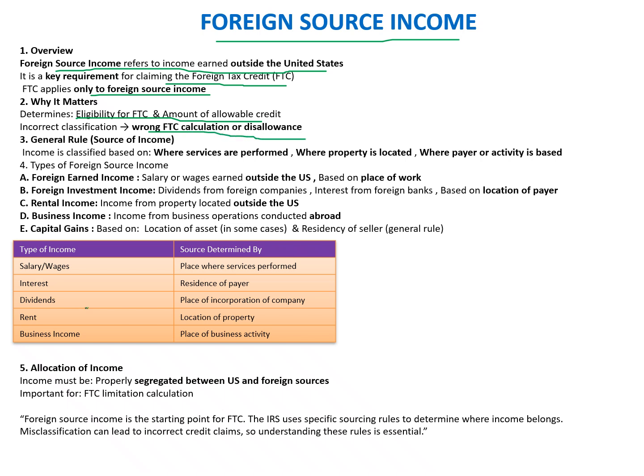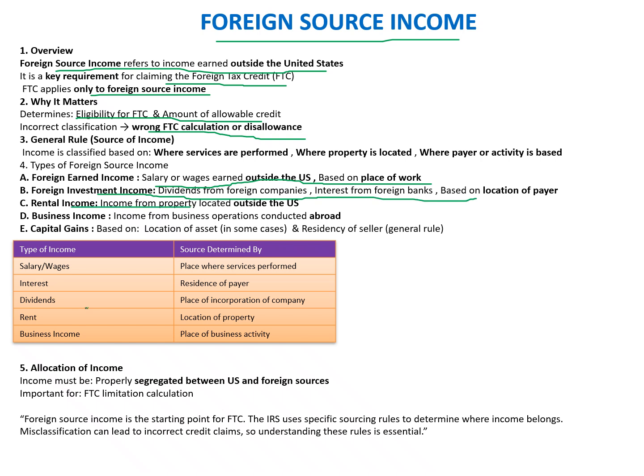And what are some of the general rules to be followed? Typically, the classification is done on five broader heads: foreign earned income, foreign investment income, rental income, business income, and capital gain. Foreign earned income is salary or wages earned outside the US, based on the place of work. Foreign investment income is dividends from a foreign company or interest from a foreign bank, based on the location of the payer.